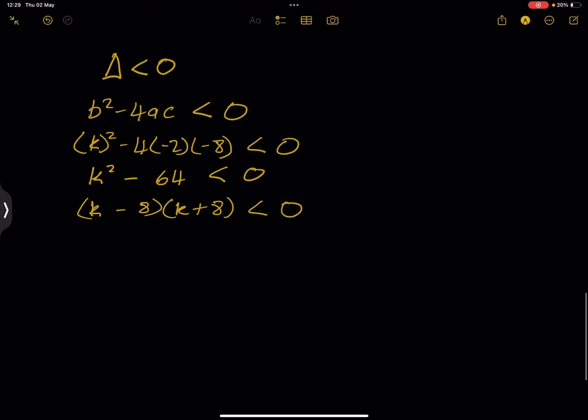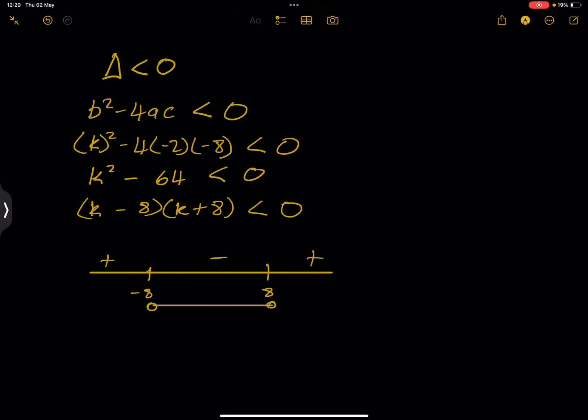Now, if you think of it as a parabola, ladies and gents, with inequalities, I've got -8 and 8. Where is this graph actually negative? It would be plus, minus, plus, so between -8 and 8.